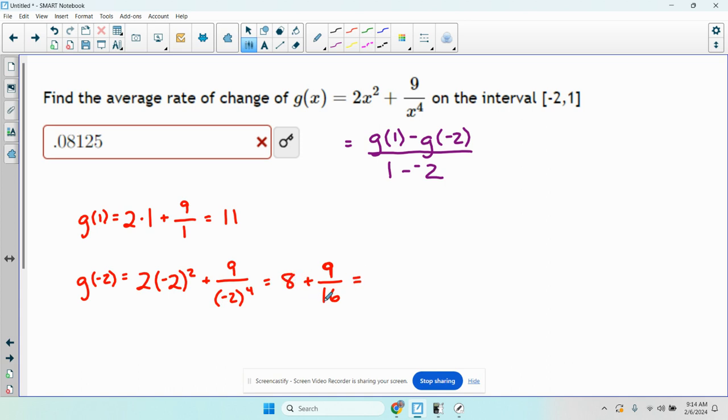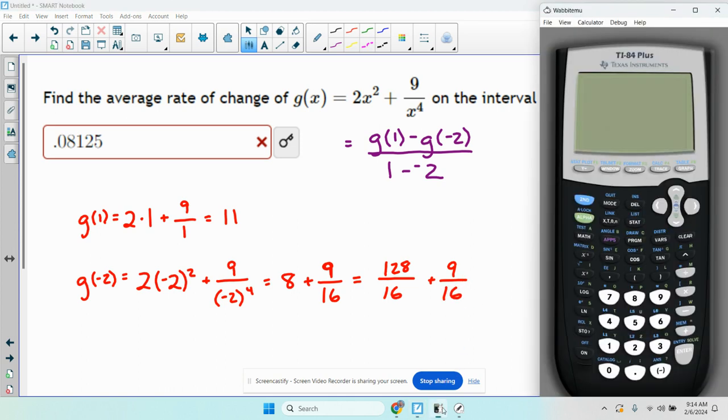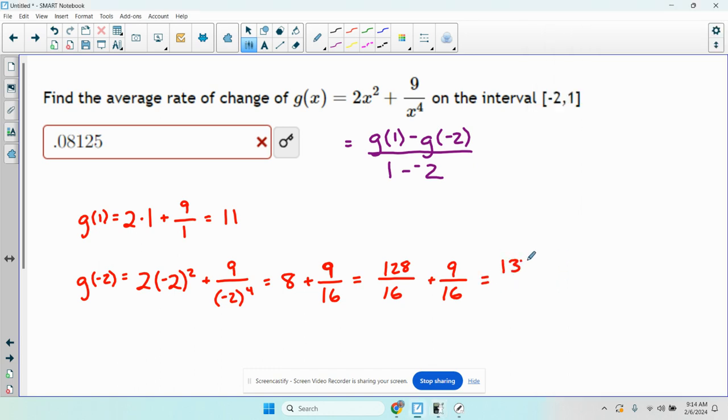Well, 8 is how many sixteenths? 8 times 16 is 128, so 128 sixteenths plus 9 sixteenths. So this is 137 sixteenths. All right, not the prettiest, but it'll work.